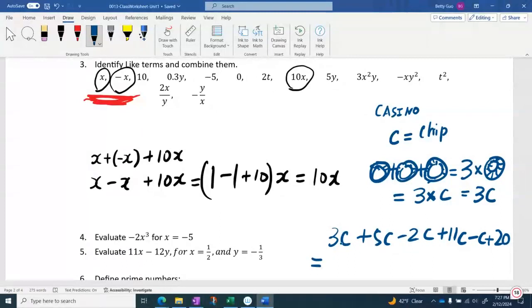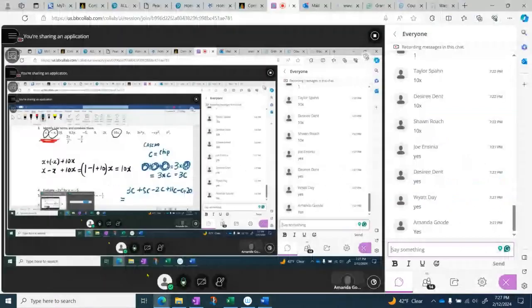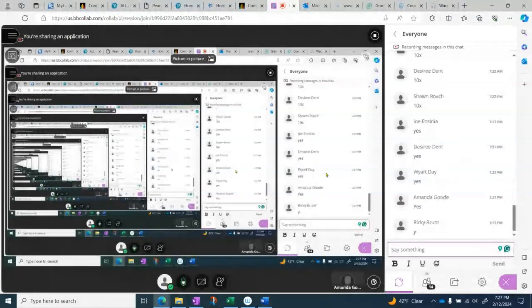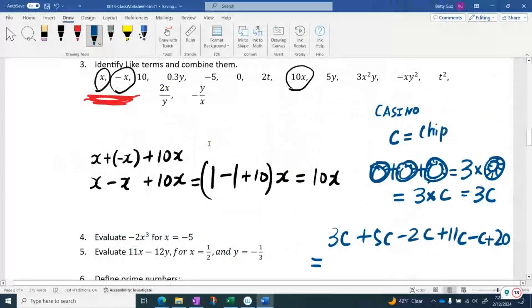Do you guys see terms? Do we actually have 1, 2, 3, 4, 5, 6 terms added together? Do you agree? This expression records our gains and losses, and the expression is in fact the sum of 6 terms.